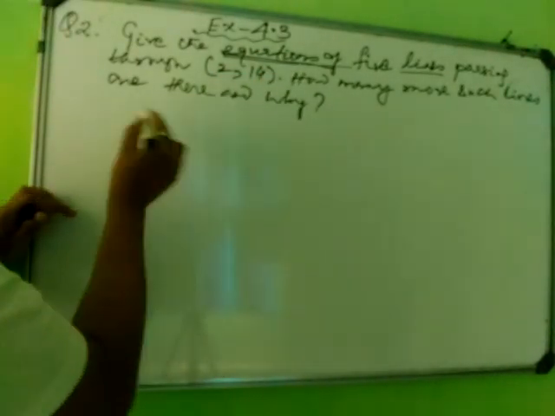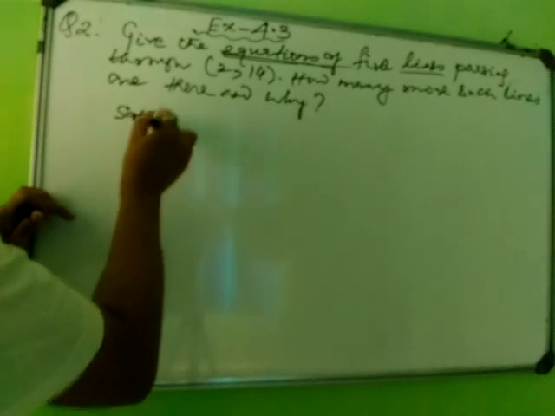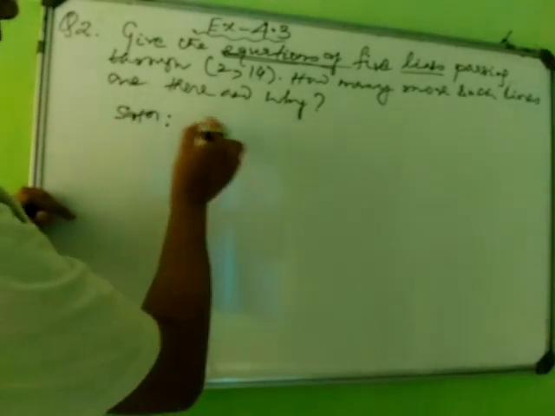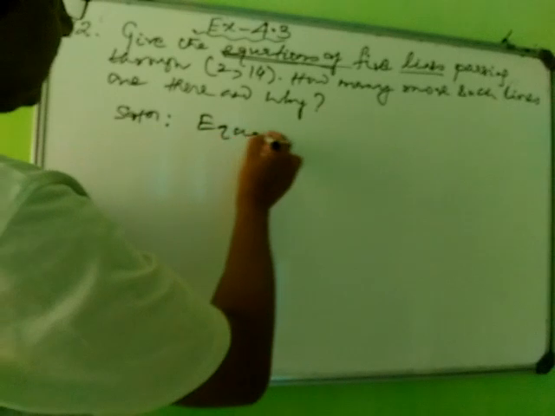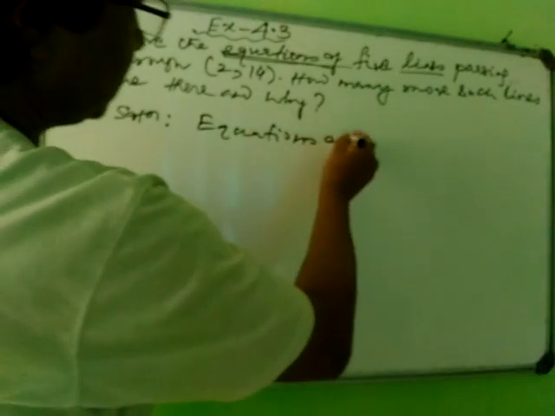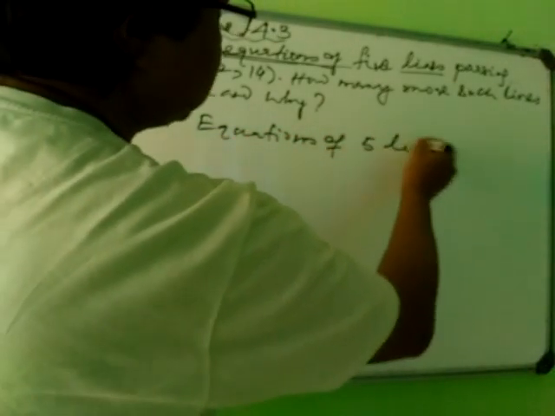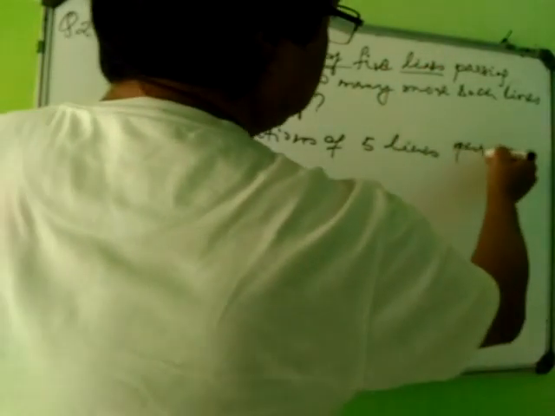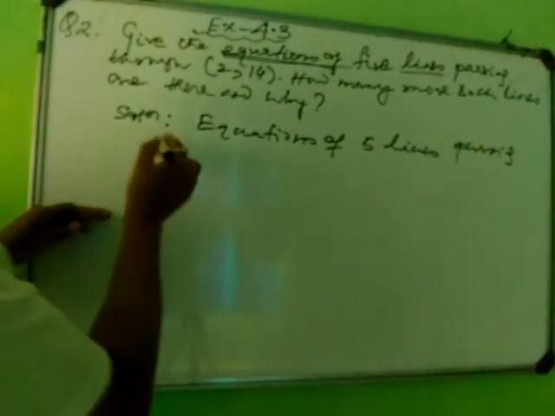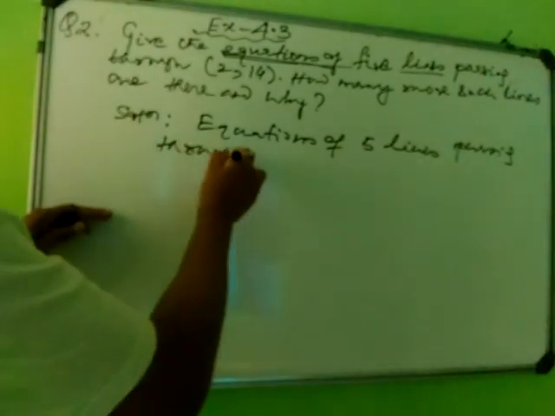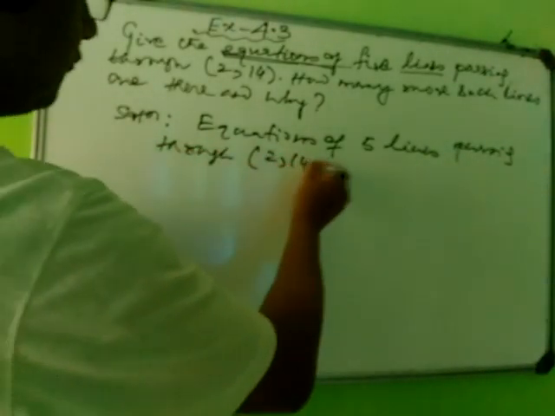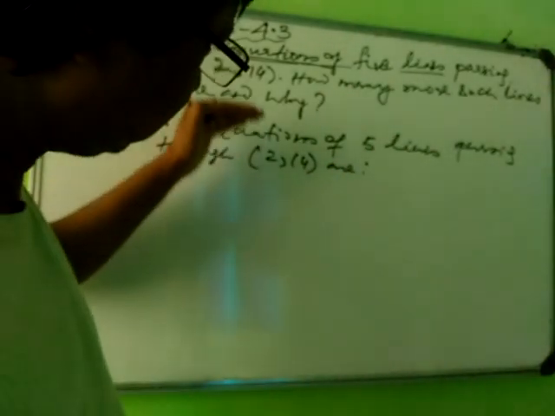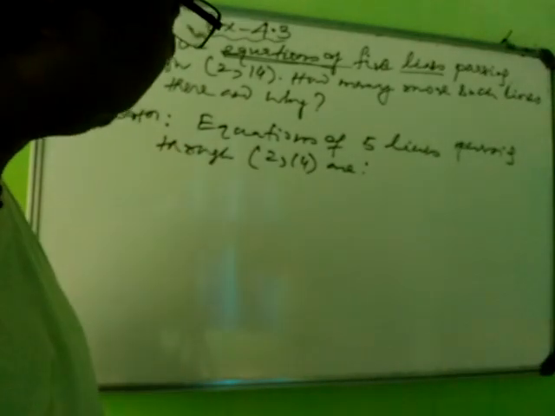So, now let us take the equations of 5 lines, 5 lines passing through (2, 14). Now it is very simple. You can take the equations on your own.